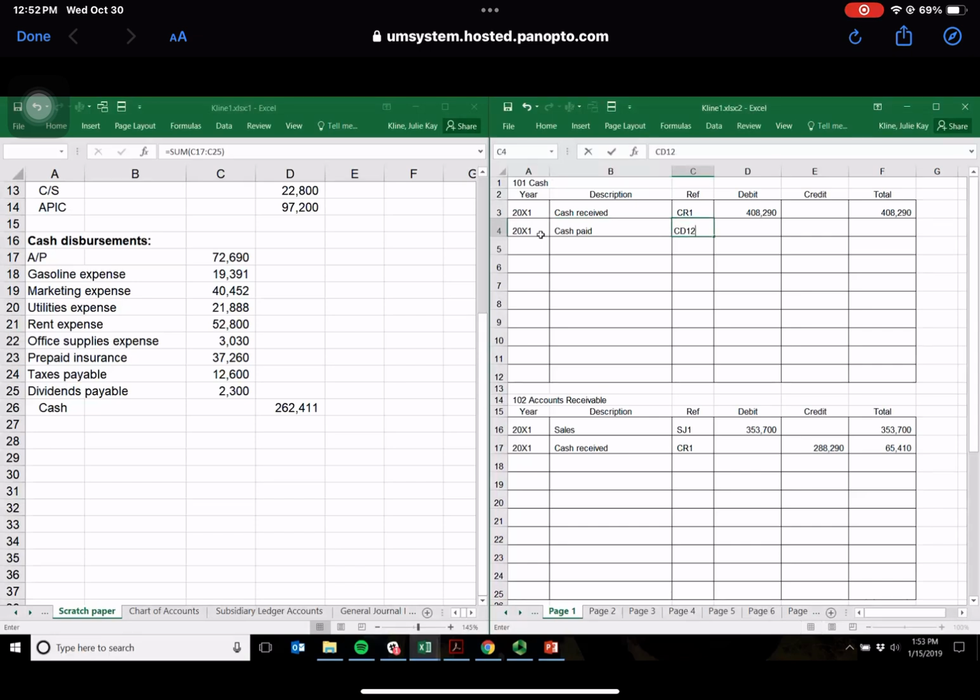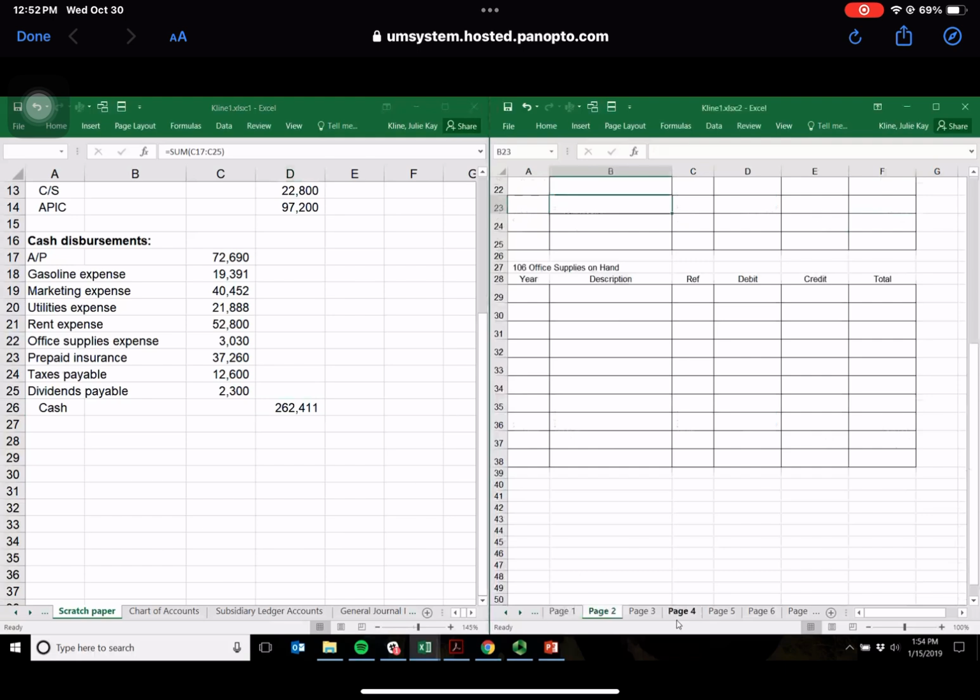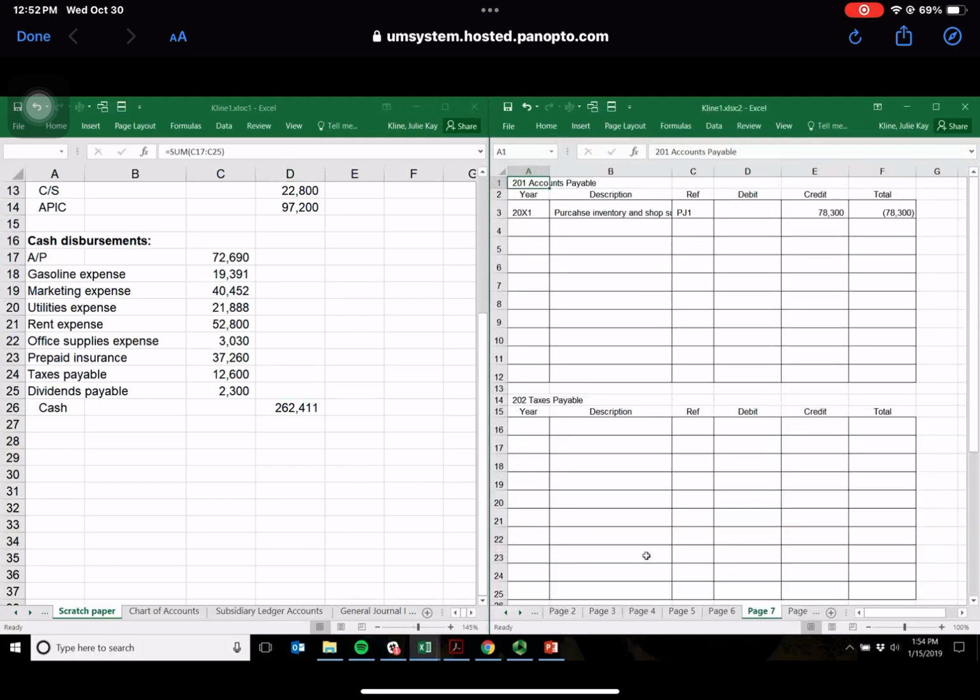CD 1, cash disbursements year 1. The credit to cash is 262,411 for me. And that means my ending balance in cash before any adjustments or before we finalize financial statements is there. All right. And then I'm going to run and post all of these. So with AP, whenever you have an entry to AP or AR, you also have to deal with the subledger.